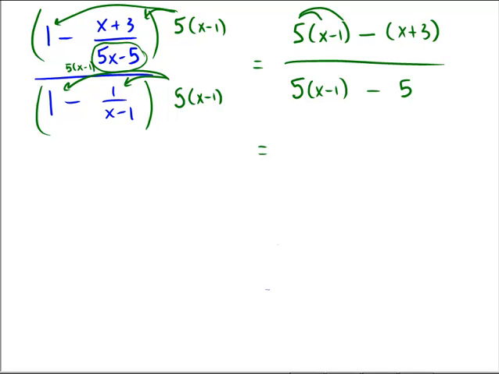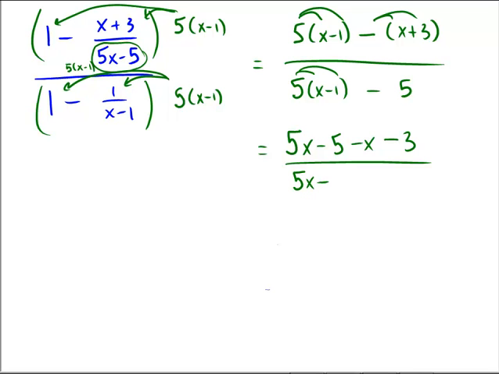Now in the numerator, looks like we have a 5x minus a 5 minus an x minus a 3, over 5x minus 5 minus 5. Collect like terms, 5x minus x would be 4x.